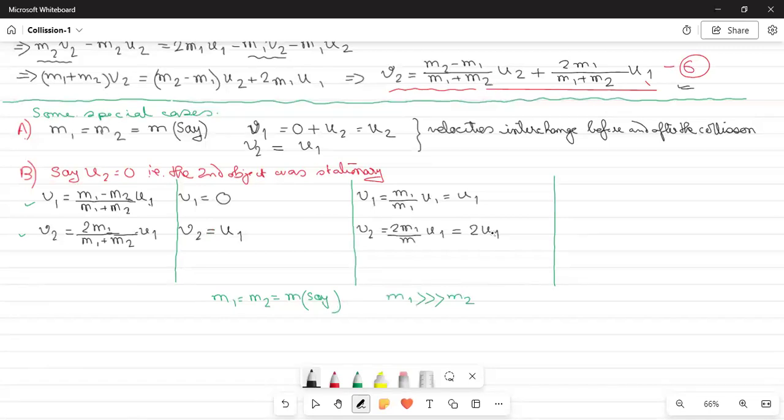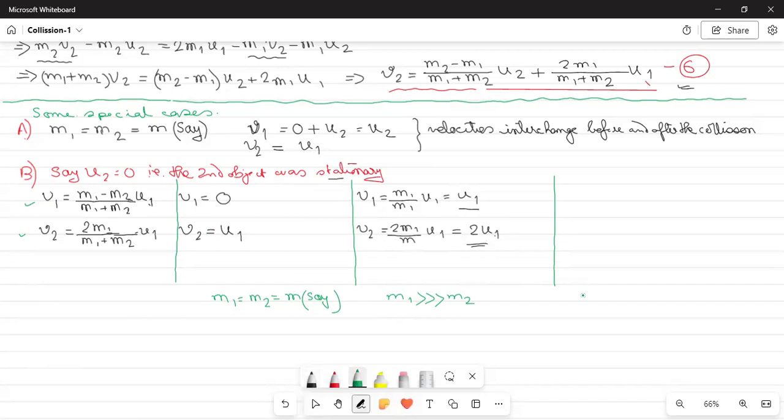That means if the second object was stationary and the first object is much, much larger than the second object, then the first object continues to move with its own speed, and the second object starts moving at the double of that speed.